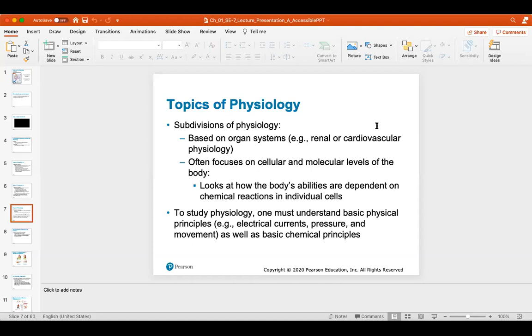That's a big one. So to study physiology, one must understand basic physical principles like electrical currents, pressure differences in terms of breathing and movement, as well as basic chemical principles. So we're going to delve into a little bit of chemistry in this course and a little bit into physics, some of the physical properties.